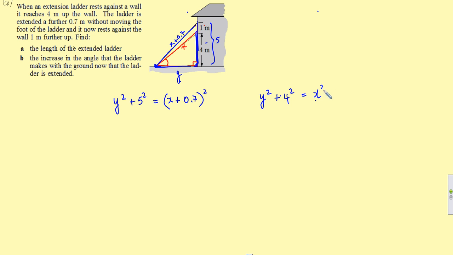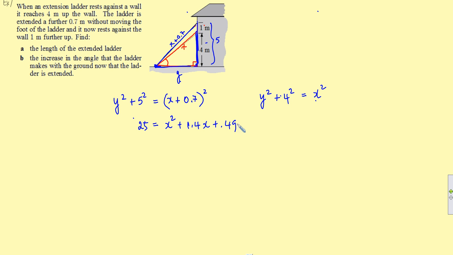Now, do we all agree, I hope we all agree here, that the y and the y are the same, so that if I isolated for y squared in both of these equations, I could make the two y's equal to each other. So I could say that 25 is equal to, and then here I would FOIL this, so it would go to x squared plus 1.4x plus 0.49.